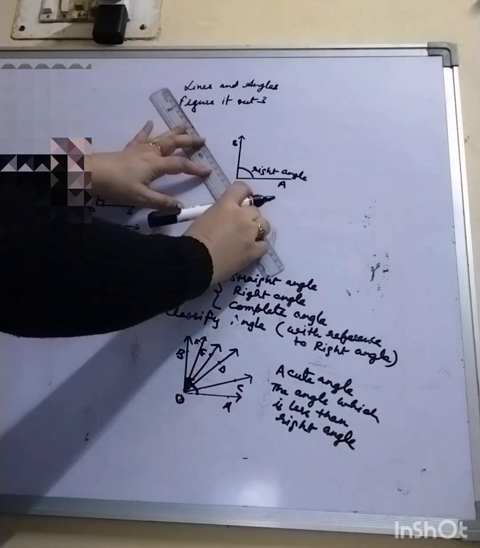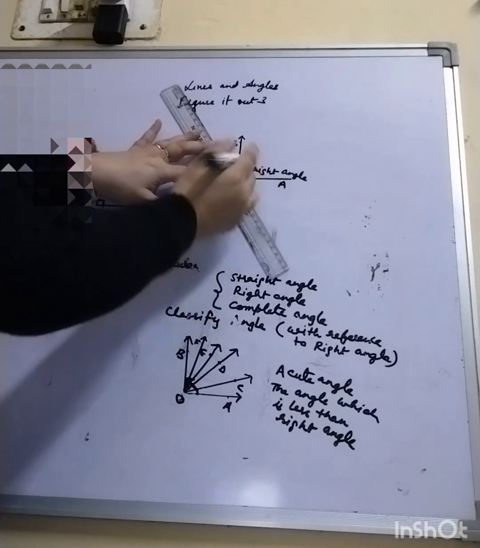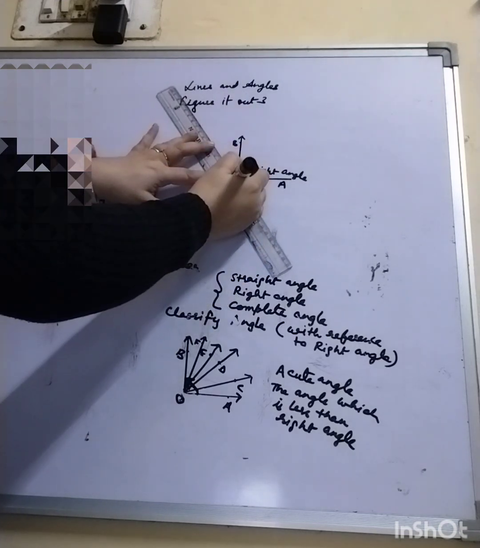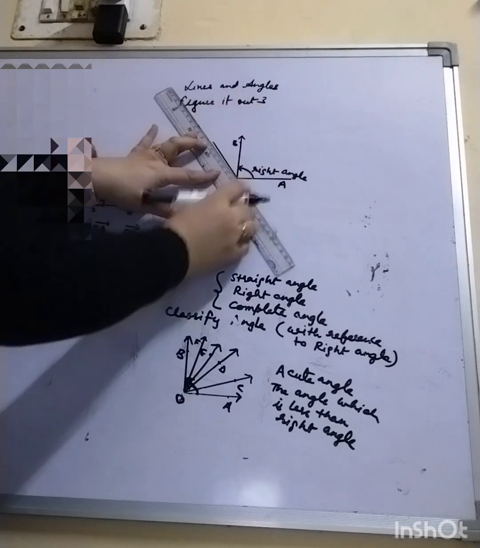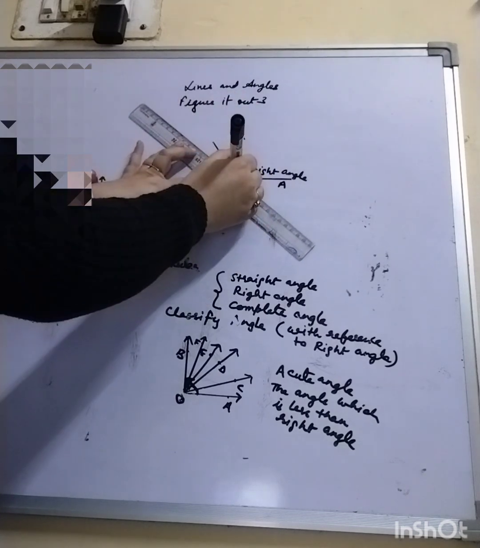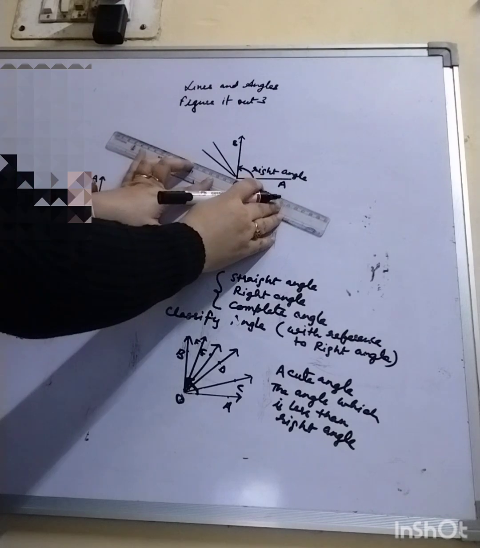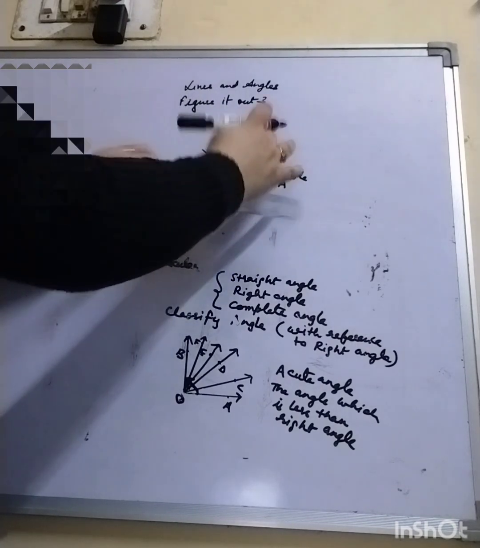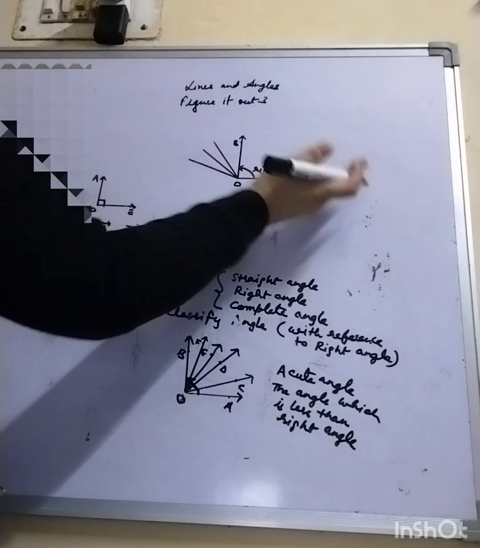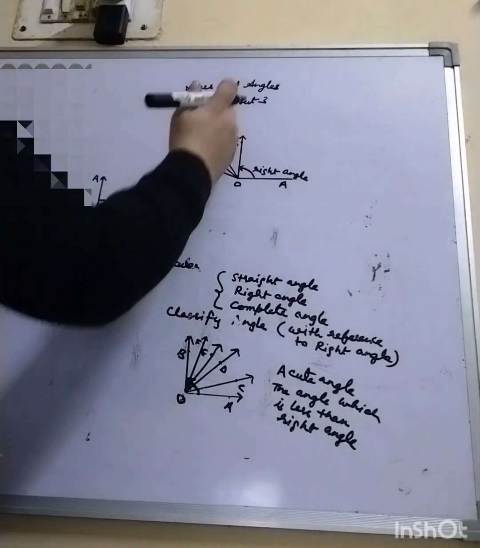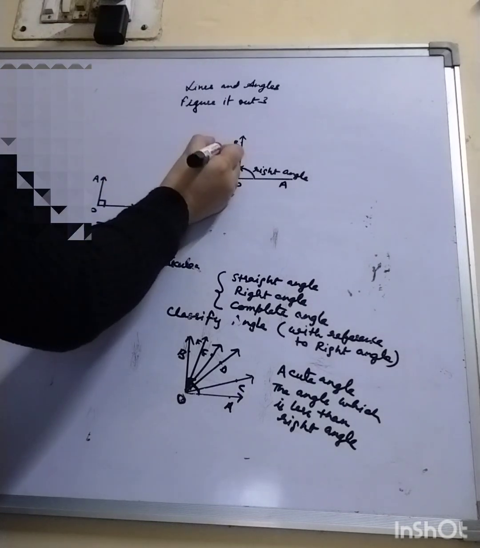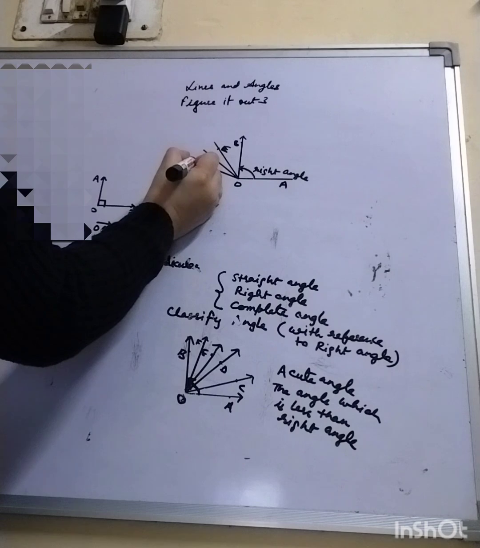Now if you turn the angle more than OB, means you make a ray more than OB in this manner. Now none of the points is on the right hand side of the right angle. It is all on the left hand side of the angle. So I name it E, F, G.